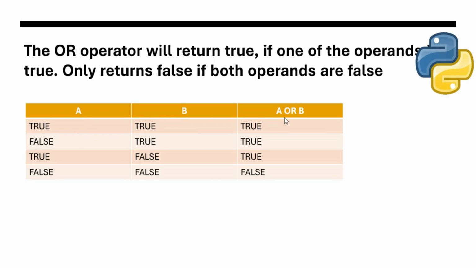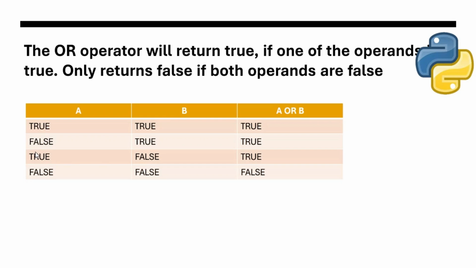The result of A or B is true. Then A is true, B is false. For A or B, the result is true. Then A is a false value, B is a false value. Then A or B is false.